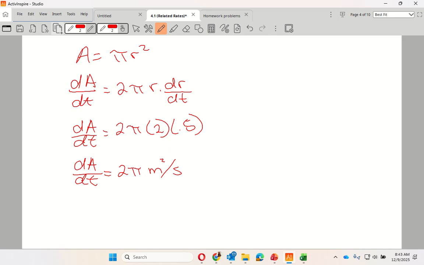So the slope, dr dt, is the rate of change of the radius with respect to time. All right, going on.